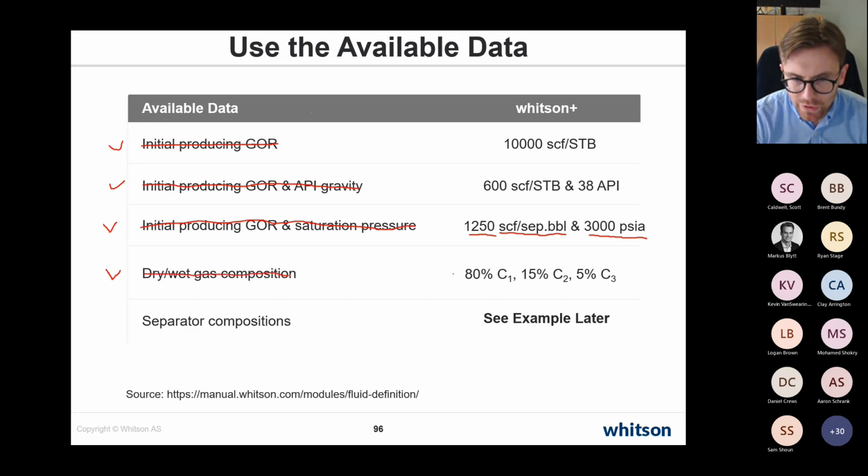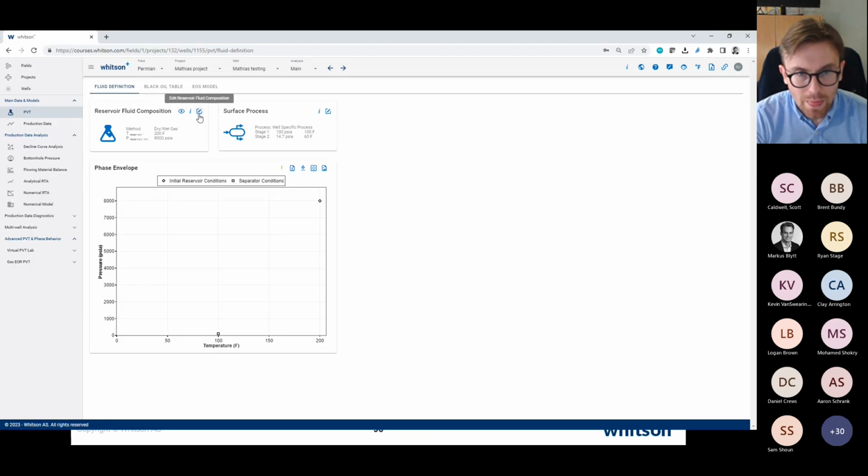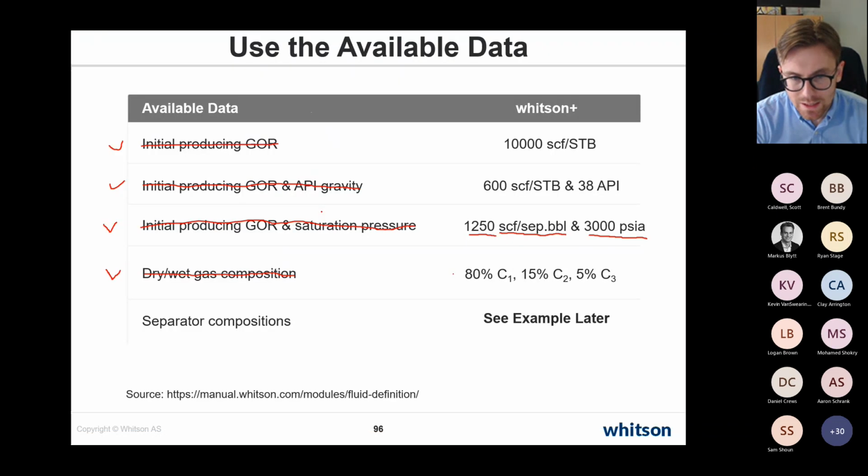My main objective of this exercise right here is just to teach you that we have different methodologies depending on the data you have available. If you actually had a full-blown fluid composition available to you, then of course you could input that directly as well. Okay, so that's the last check here.